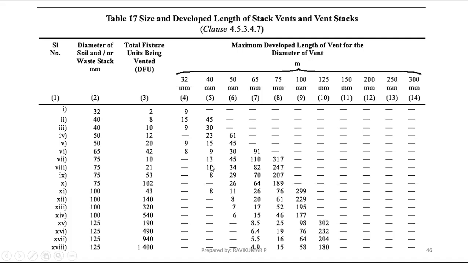If you don't connect within 10 meters, you have to change the pipe size. If you provide 50 mm, you can go up to 34 meters. If 50 mm is not enough, you have to provide 65 mm, then you can run up to 80 meters like that.